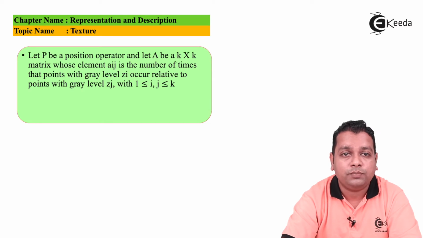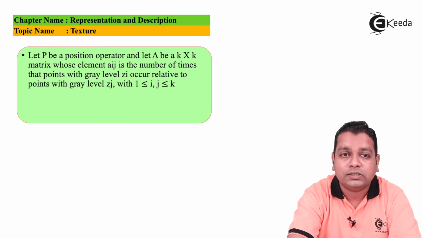So we let capital P be a position operator here, and let capital A, a k by k matrix whose elements are denoted as a suffix ij, be the number of times that points with gray level z suffix i occur relative to the points with gray level z suffix j, with i and j both ranging between 1 and k.